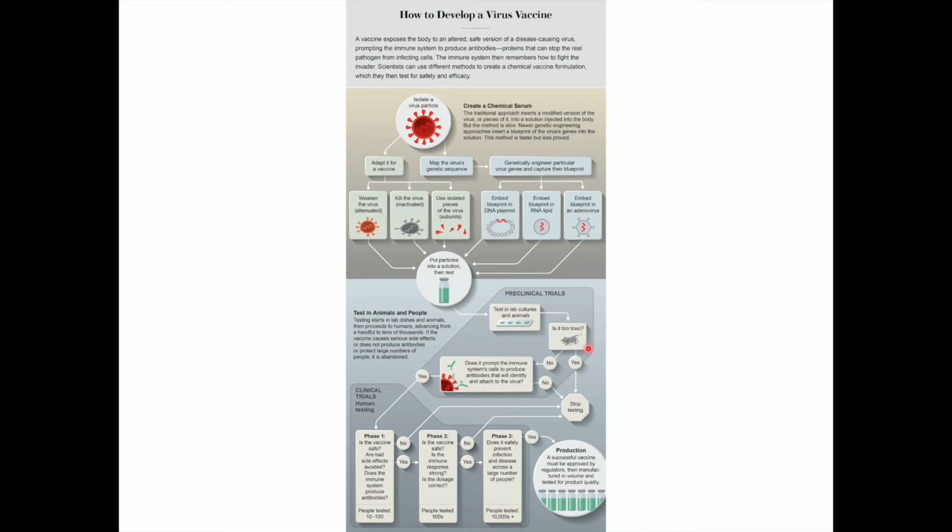And if there are some responses, if it prompts an immune response, then it could be tested in humans. But if there's no immune response in the animals, then it has to stop testing and go back once again to the first step.